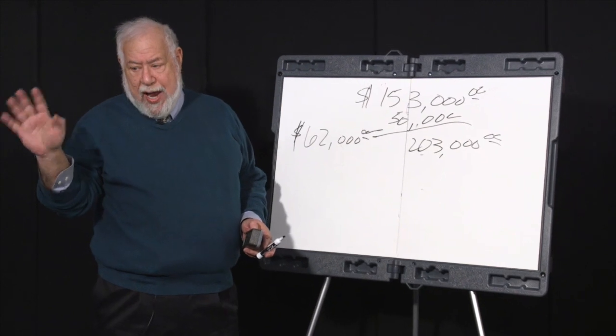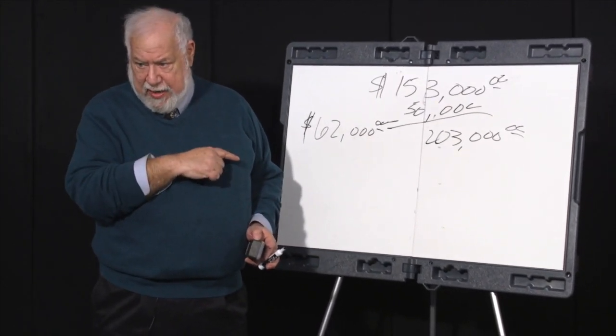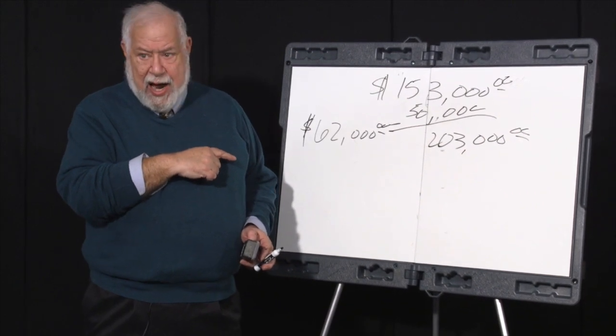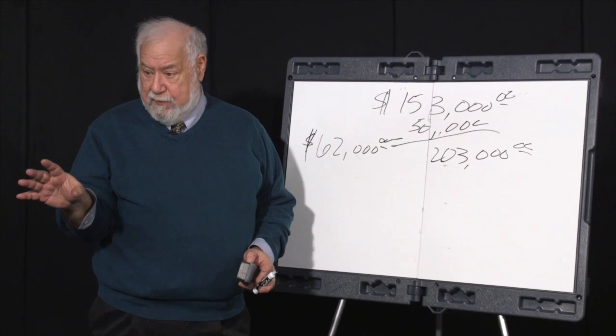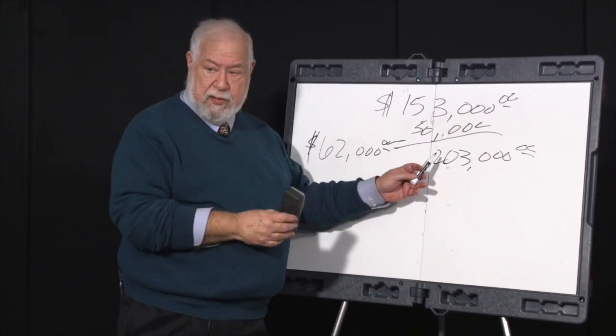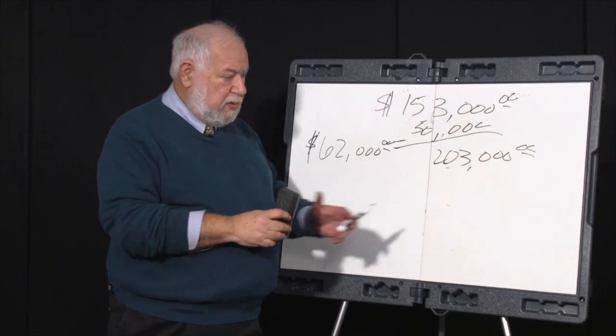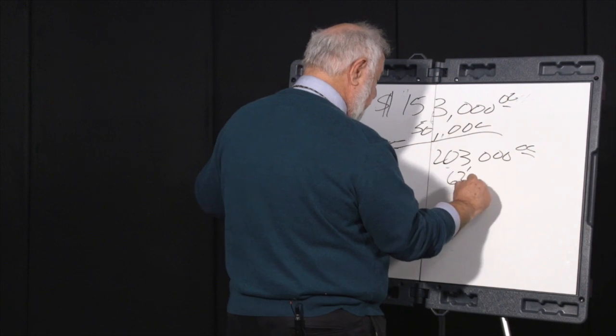Don and Judy will have no mortgage payment on the house in Hiram. They will have no mortgage payment for the rest of their lives. Instead of bringing $203,000 to the table, they're only bringing $62,000 to the table.